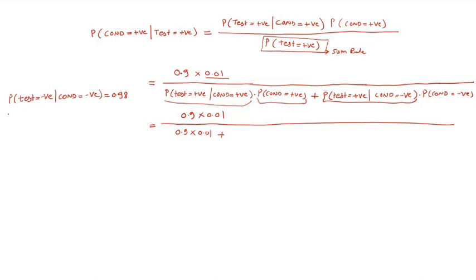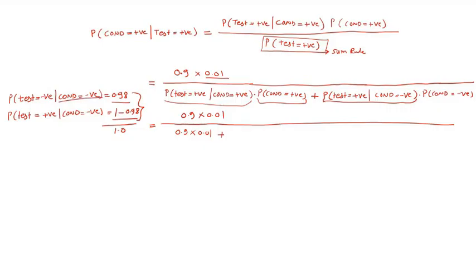So I want the probability of test is equal to positive and condition is negative. So how much will this be? This will be 1 minus 0.98. Okay, the sum of these two must be 1.0. You got my point?